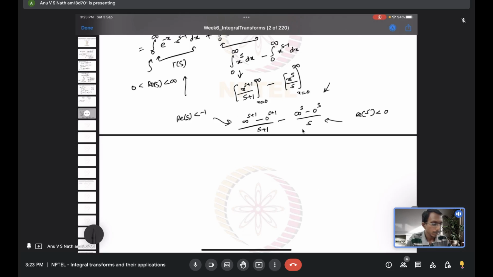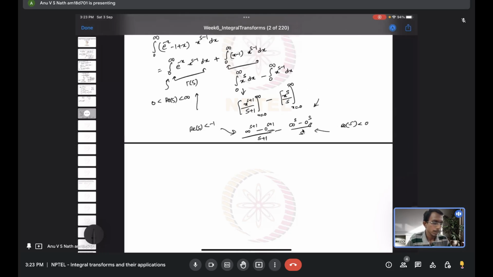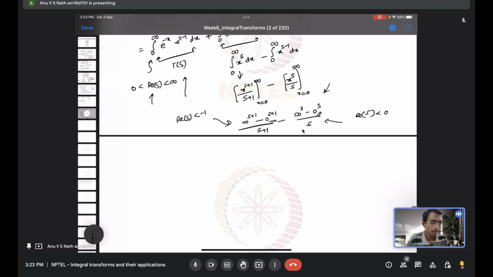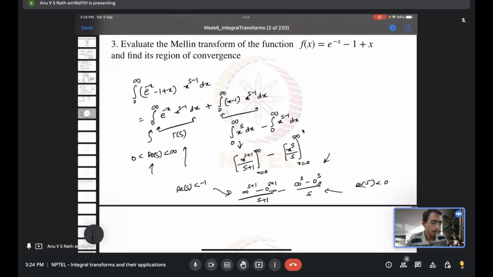But the issue is that the 0 might have some singularities in those ranges. Also the first integral converges only in the interval 0 to infinity. So these are all disjoint sets of ranges for s, and you cannot say that this has a finite solution in some particular interval. It looks like it doesn't.